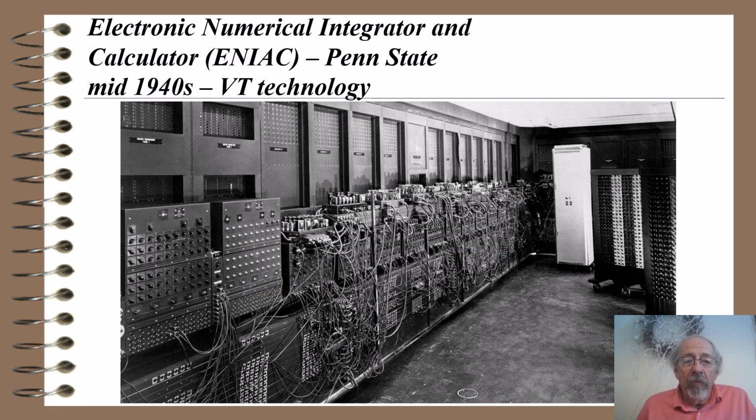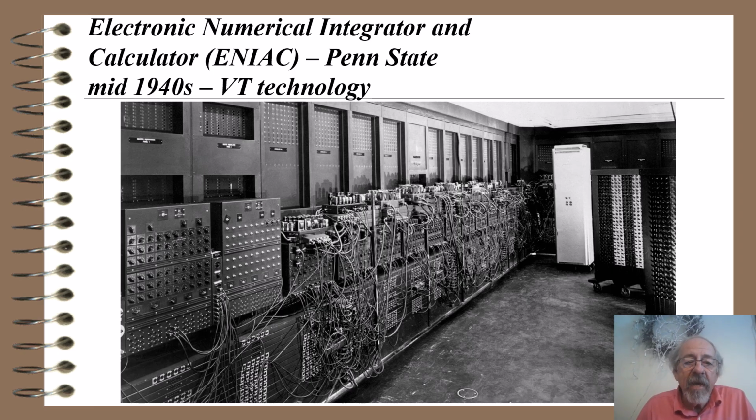This is a picture of the first ENIAC. It was built at Penn State University in the mid-1940s using vacuum tube technology. ENIAC was the acronym for Electronic Numerical Integrator and Calculator. And you can see all the jumper cables. The way you program this thing was actually by wiring it to do certain operations.